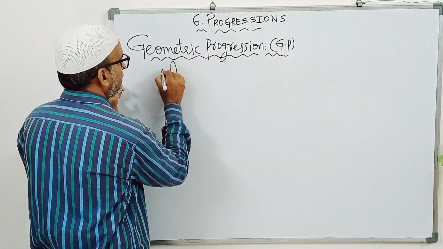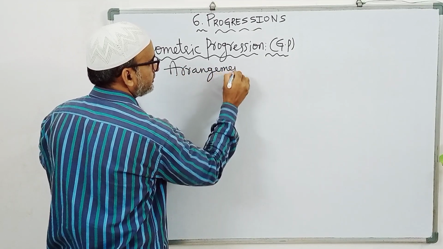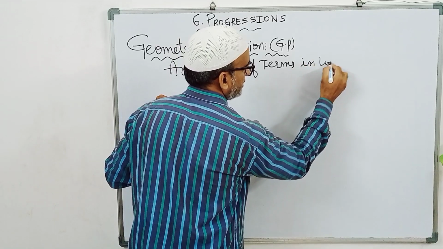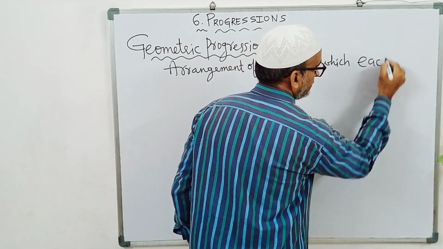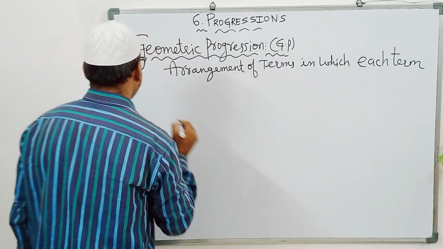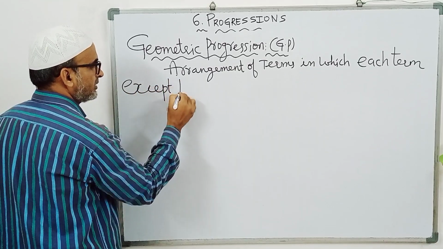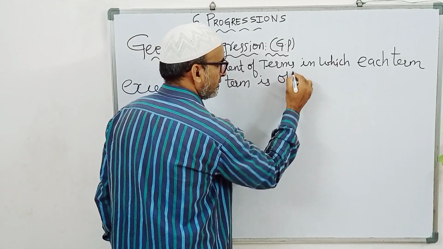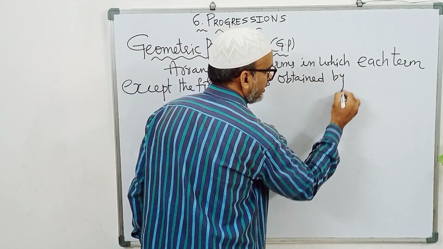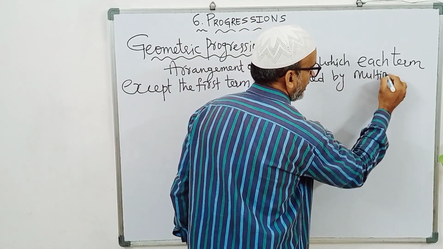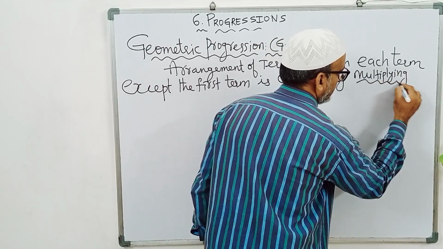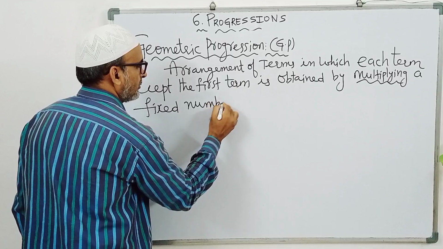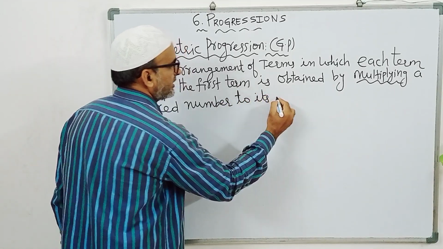Geometric progression means arrangement of terms, or numbers, arrangement of terms in which each term except the first term is obtained by multiplying a fixed number to its preceding number.